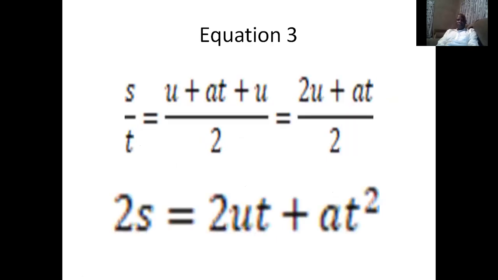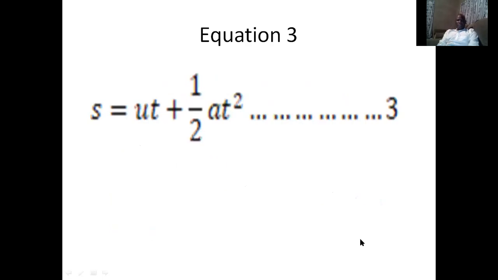Therefore, from here, now we can divide by the 2, and here's the 2. Let this 2 go. And it gives us the third equation, where we're saying displacement is equal to initial velocity times time plus half times acceleration times t squared. So this is an important equation that we need to know.